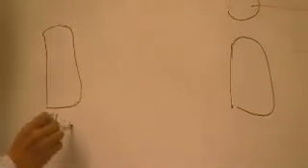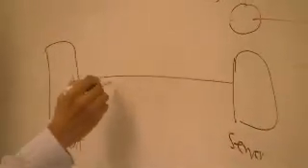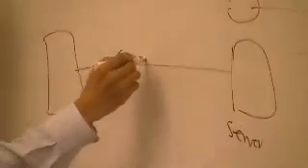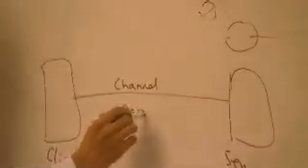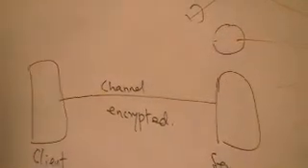For example, say you have a scenario where you have a client and server trying to communicate, and there is a network, and this network channel is encrypted. You encrypt everything that you send, right?